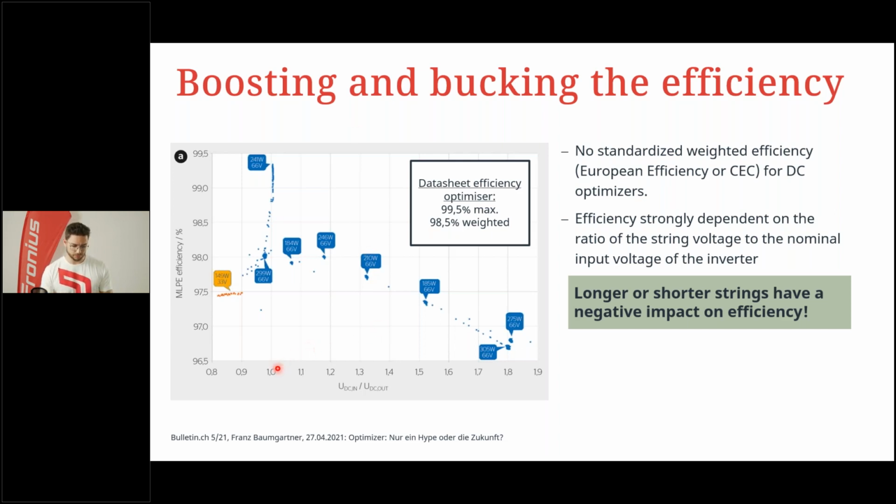And this would mean that the operating range is dramatically decreasing, and also the efficiency of these optimizers would decrease because they only really work at the maximum efficiency at a ratio of 1 to 1. And in other scenarios, with shorter strings, with longer strings, you can see it in this chart here, we would come down to 96, 97% even. So there is really a decrease in efficiency depending on the string length of your system.